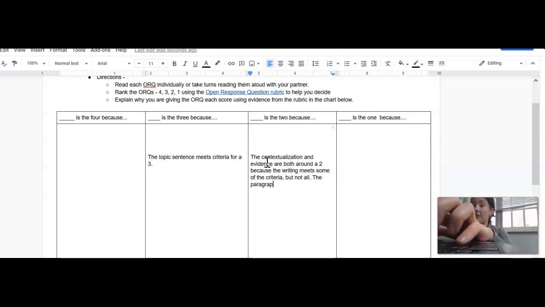The paragraph is missing quotations or properly cited quotes, though it seems there is evidence from the text with some context. Okay.